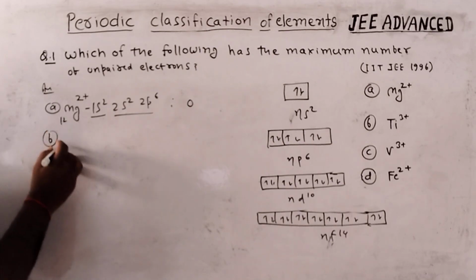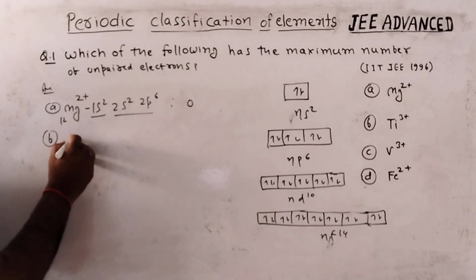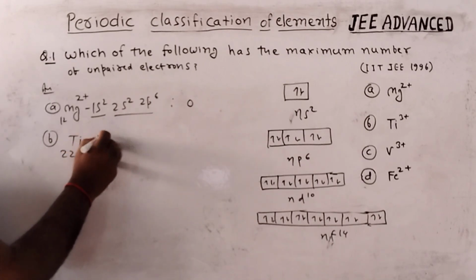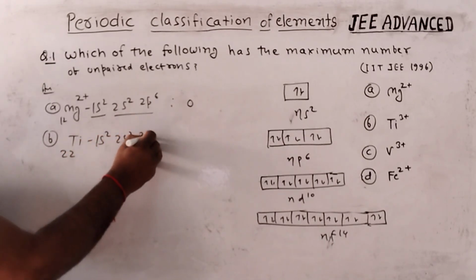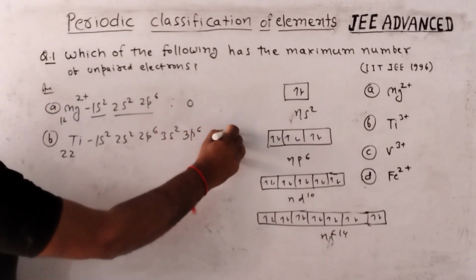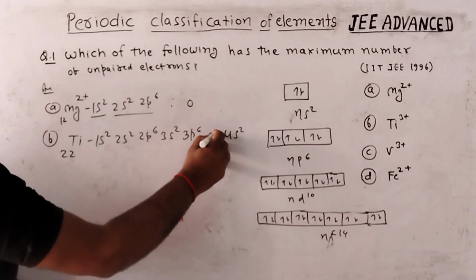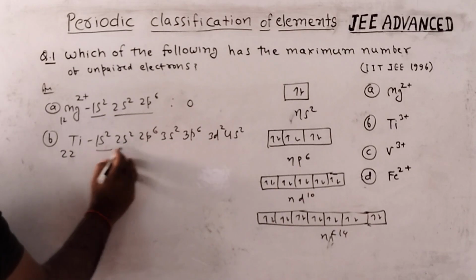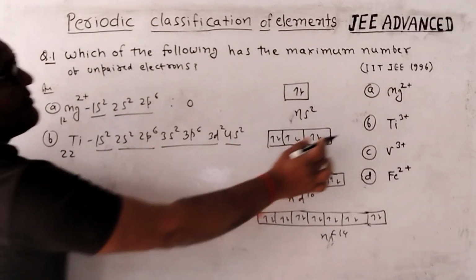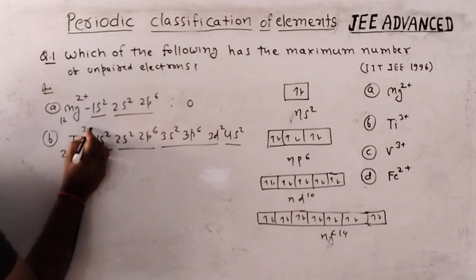Option B, titanium. Titanium atomic number 22, 1s2, 2s2, 2p6, 3s2, 3p6, 4s2 and 3d2. First, second, third and fourth shell. Now, triple positive charge is present on titanium.